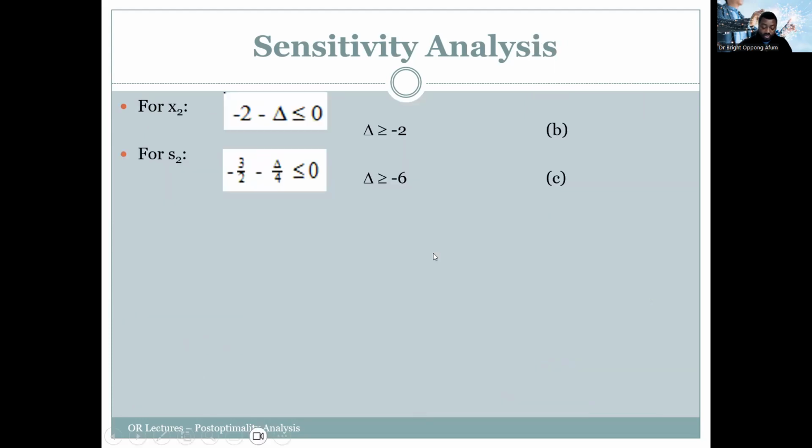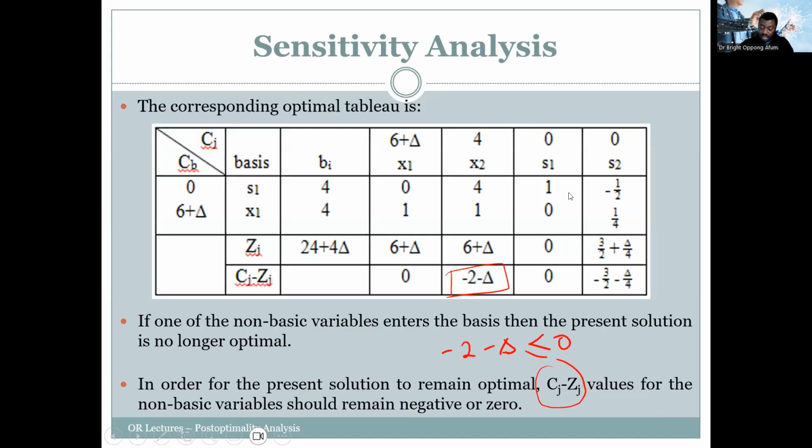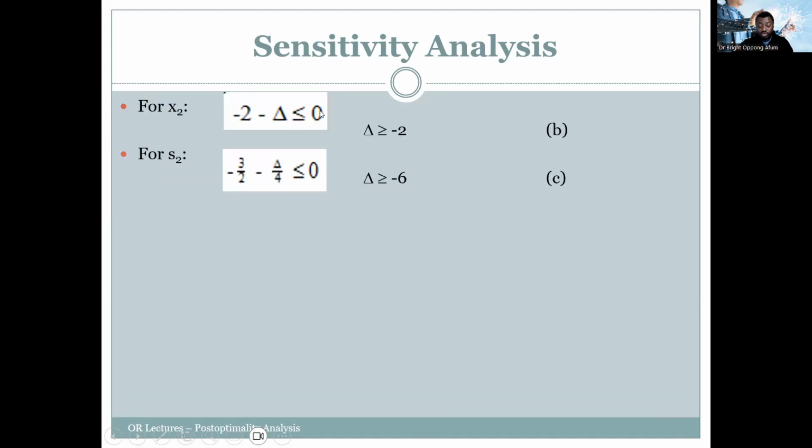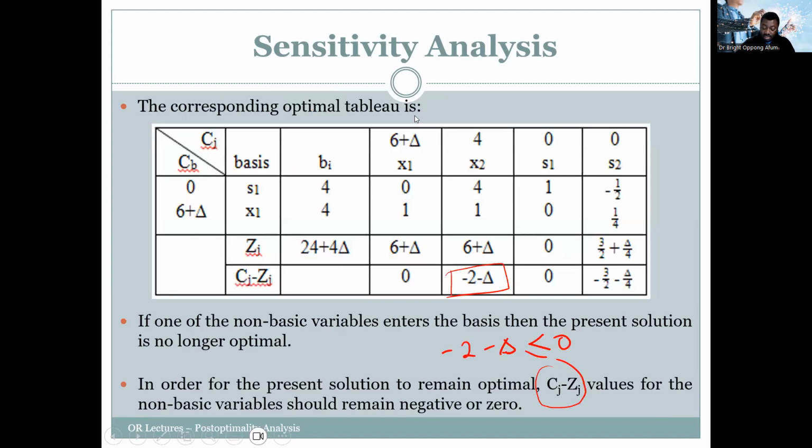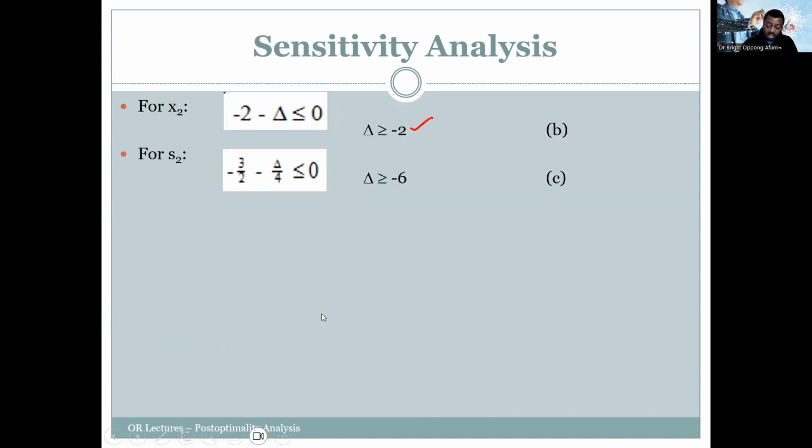So if we look at that, we'll see that x2 must continue to be less than or equal to 0. Therefore, the change is greater than -2. Again, for S2, this change must continue to also be 0 or less than 0. So then the change is supposed to be that.